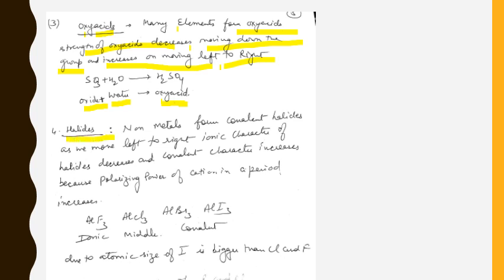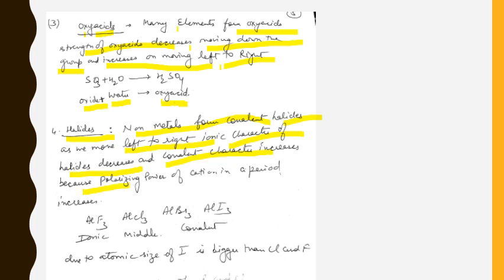Now we move towards the halides. With the halogens, non-metals form covalent halides. Generally, they have covalent character. When we move from left to right, the ionic character of the halides decreases and the covalent character increases. Understood?